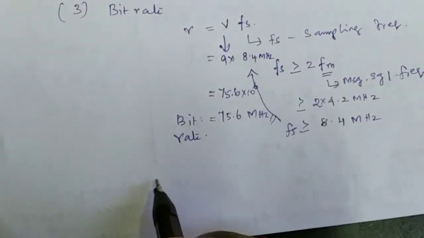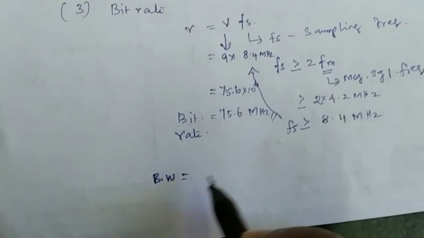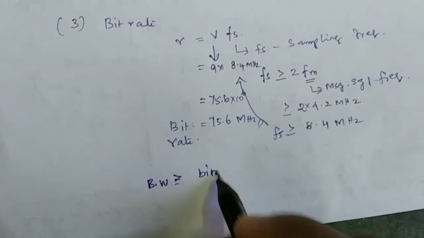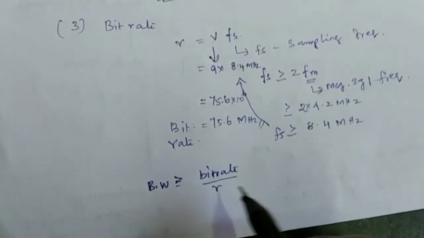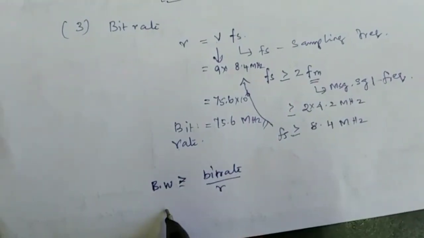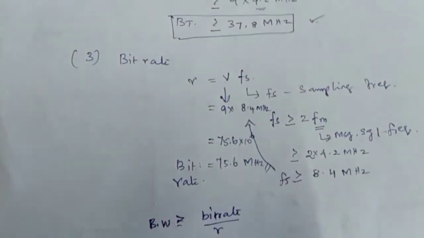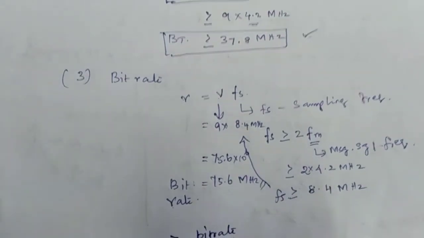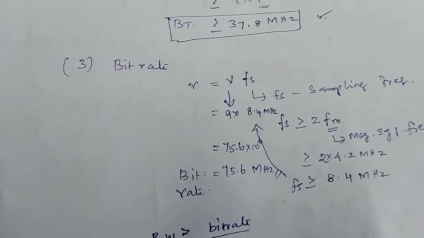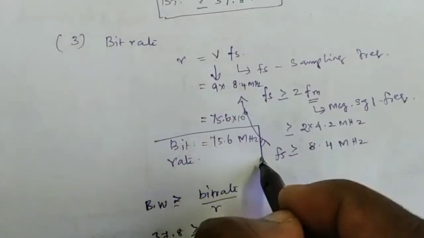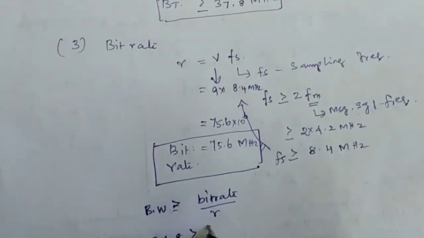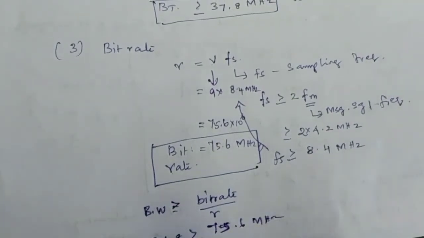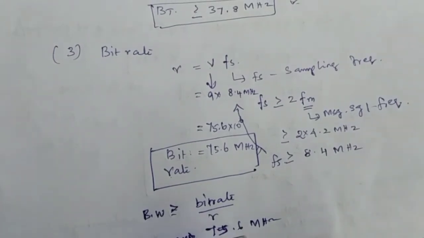We have the relation that bandwidth is greater than or equal to bit rate divided by 2. That is, our bandwidth 37.8 is greater than or equal to the bit rate we found, 75.6 megahertz, divided by 2.